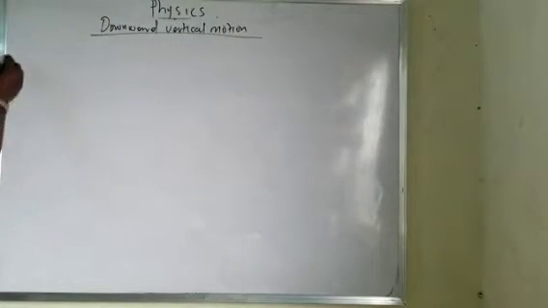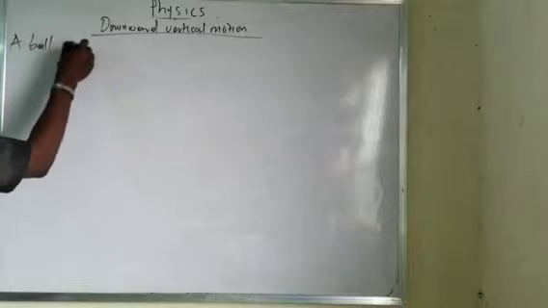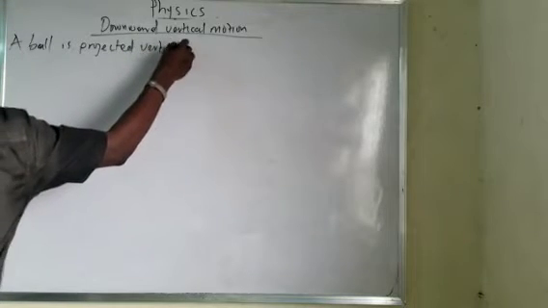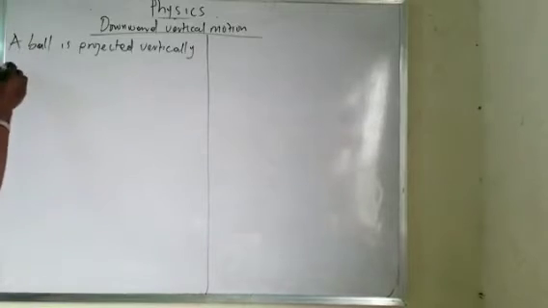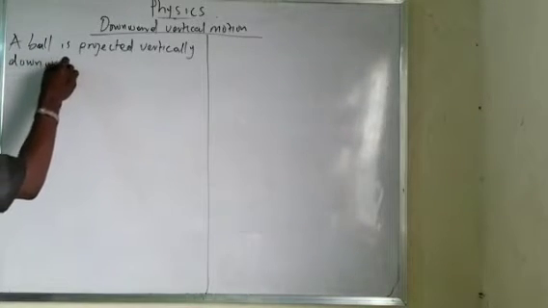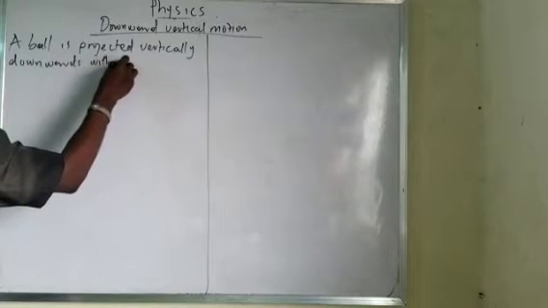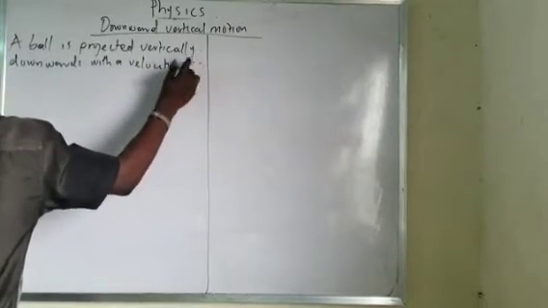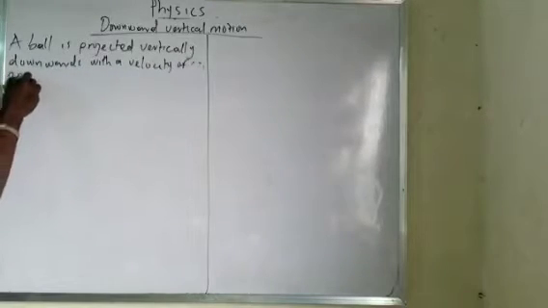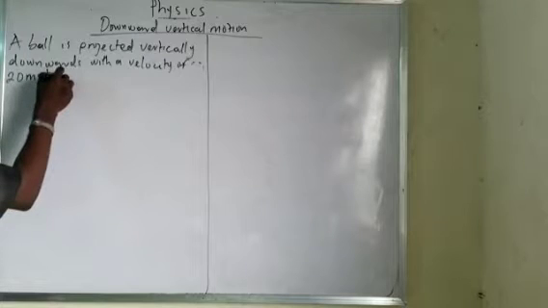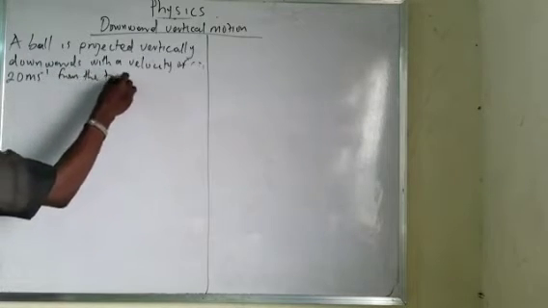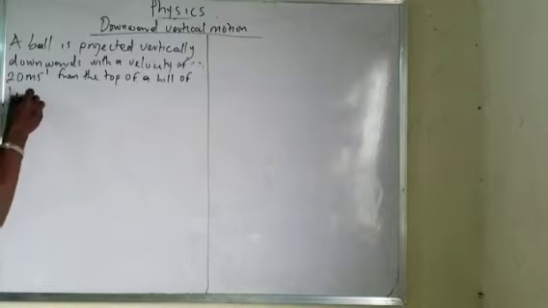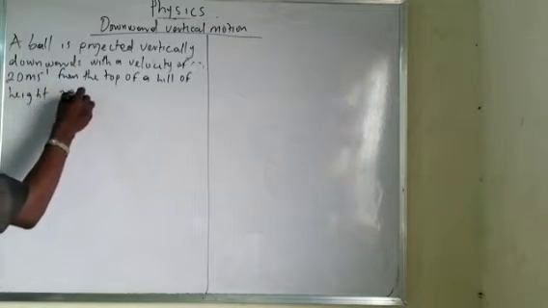A ball is projected vertically downward with a velocity of 20 meters per second from the top of a hill of height 35 meters.